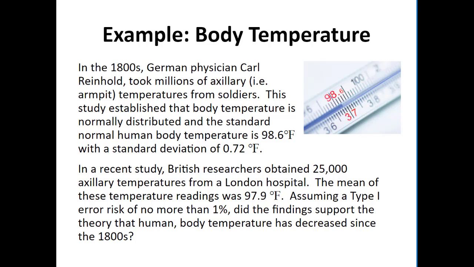In a recent study, British researchers obtained 25,000 axillary temperatures from a London hospital. The mean of these temperature readings was 97.9 degrees Fahrenheit. Assuming a type 1 error risk of no more than 1%, did the findings support the theory that human body temperature has decreased since the 1800s?